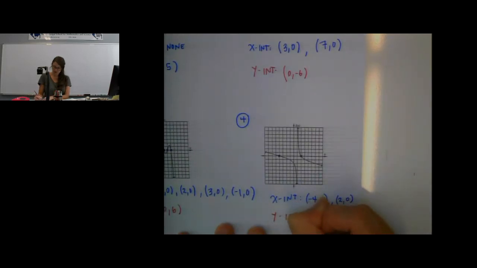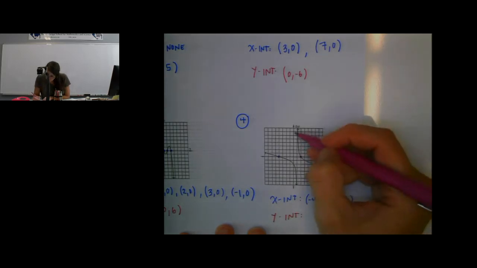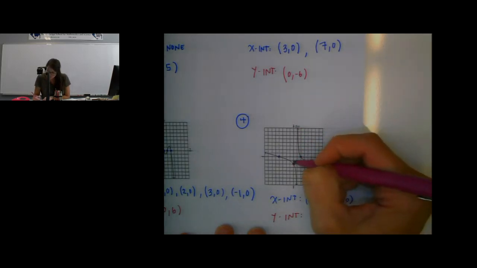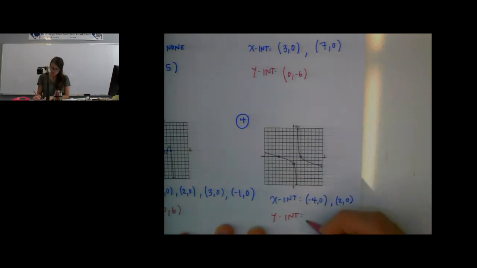And then the y-intercept, so here's my y-axis here, it's going to cross it right there, so it's at a -1, 2. So that's at a 0, -2.